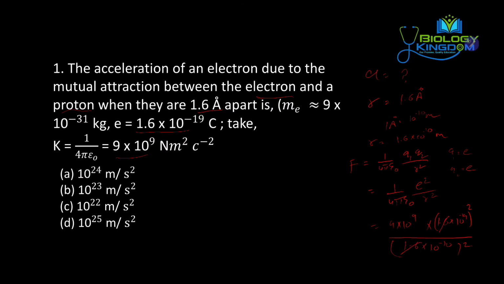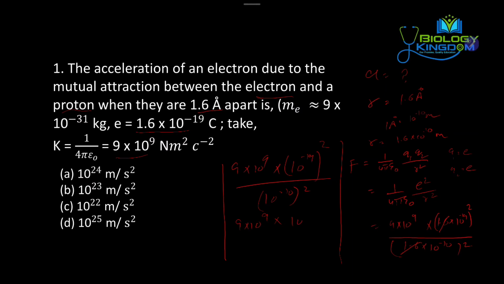Now what will we be left with? We are left with 9 into 10 raised to power 9 into 10 raised to power minus 19 square divided by 10 raised to power minus 10 square. So it will become 9 into 10 raised to power 9 into 10 raised to power minus 38 divided by 10 raised to power minus 20.